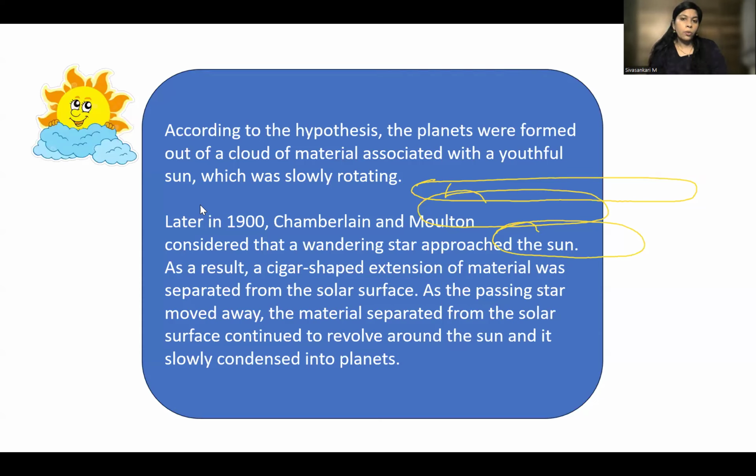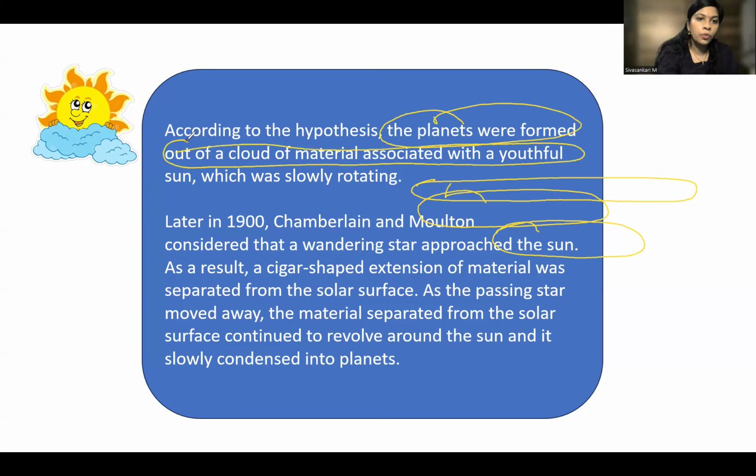According to this hypothesis, the planets were formed out of a cloud of material associated with the youthful sun. That means there is the sun and a cloud of material circulating around the sun, and this gives rise to the planets. This is how bluntly the nebular hypothesis was proposed.